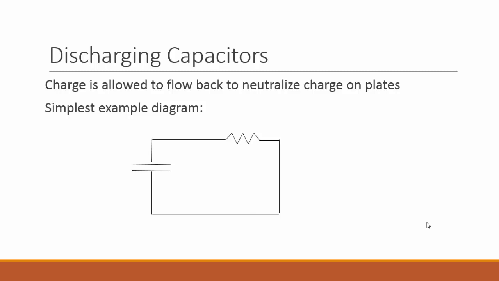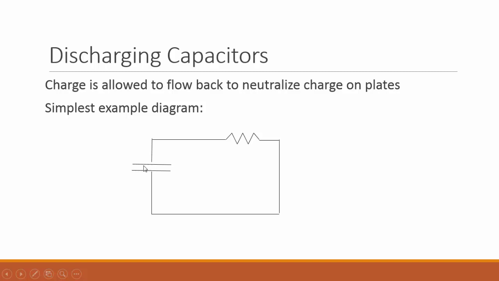So this is the canonical picture we'll have for a discharging capacitor. What we have here is two circuit elements, a capacitor and a resistor. Now note, this could be an equivalent capacitor and equivalent resistor, so you could have a much more complicated set of capacitors and resistors that have all been lumped together, but this is the basic picture we'll be looking at.